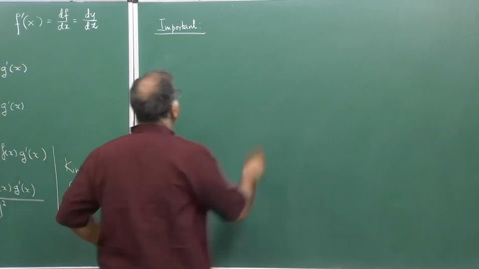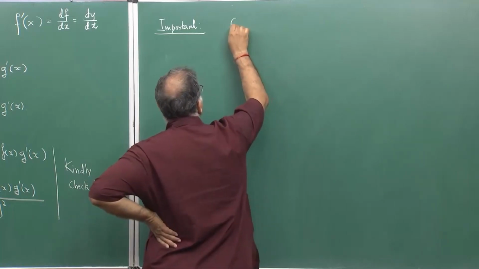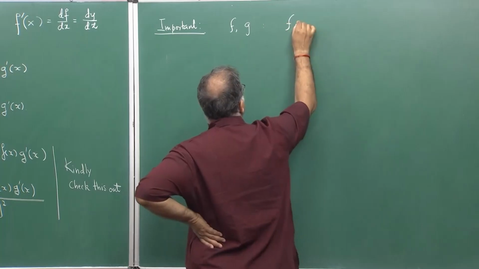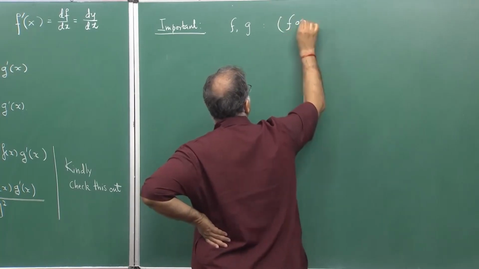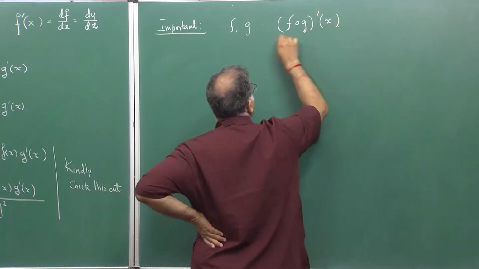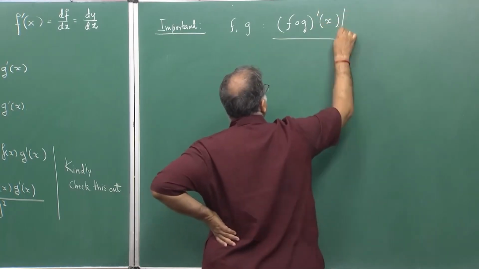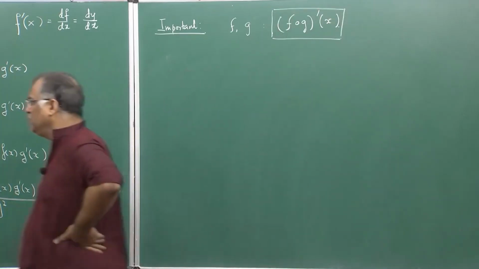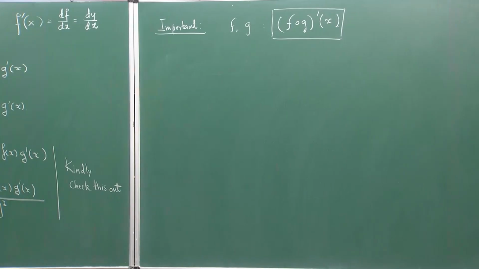Here we are talking about two functions f and g, and we are talking about the composition of the two functions, and we want to compute the derivative of this composition. How do we do this? Many of you would immediately jump and say, oh, this is the chain rule.